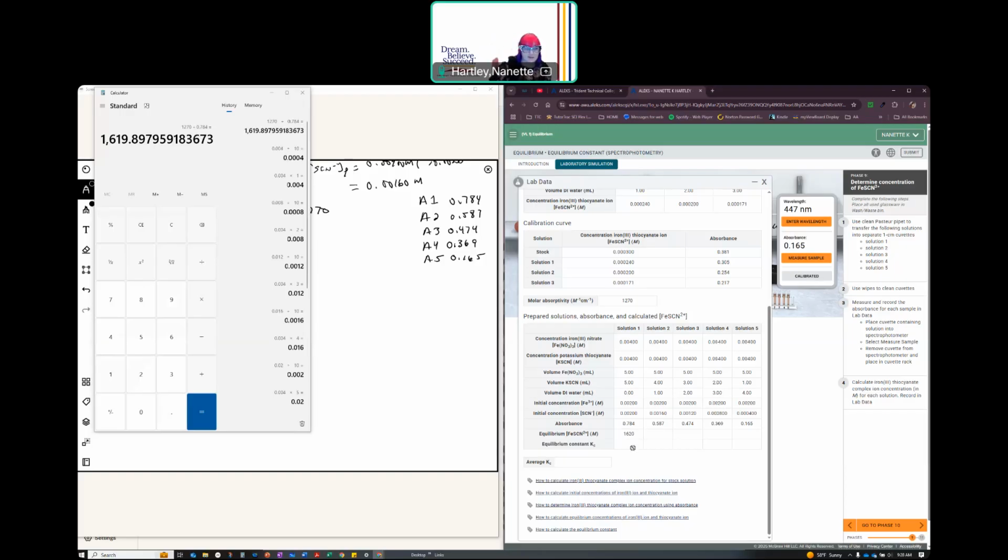And it's not complaining, so I'm okay with that. So again, coming out with this 2163, 3 sig figs, I'm going to report that as 2160.